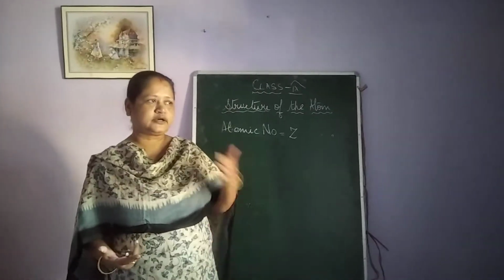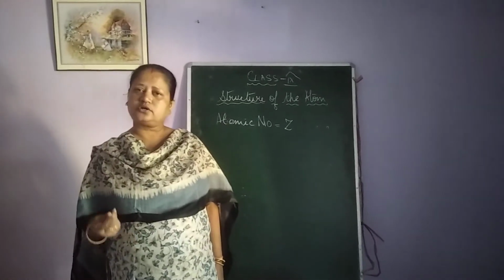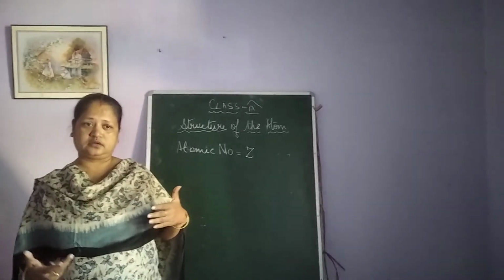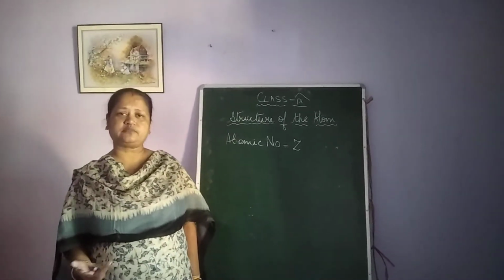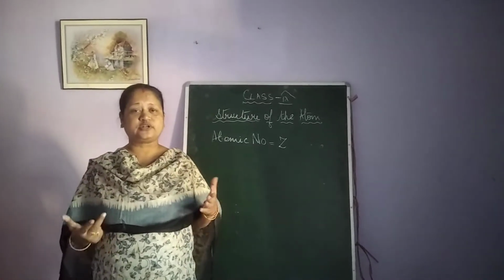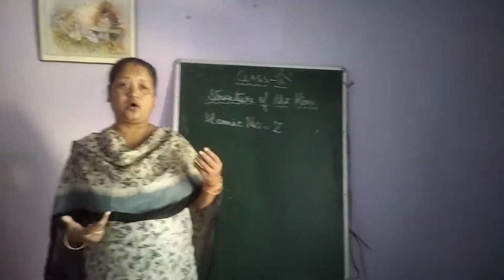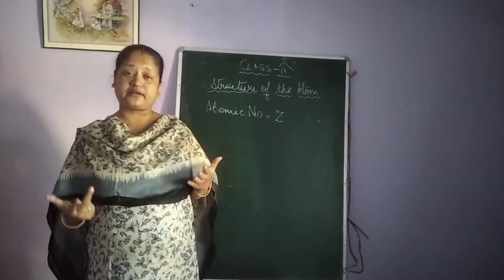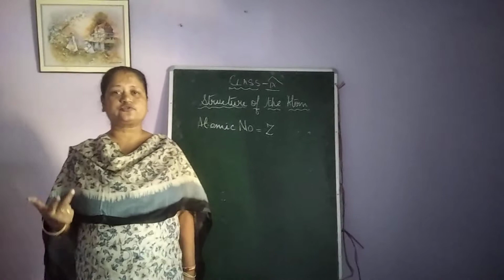That is a very important topic for you all, because through it you can find out the valency of an element, as valency is the combining capacity. To find the valency of any element, you need to know the distribution of the electrons in the different shells.